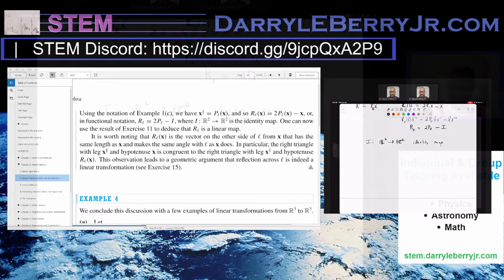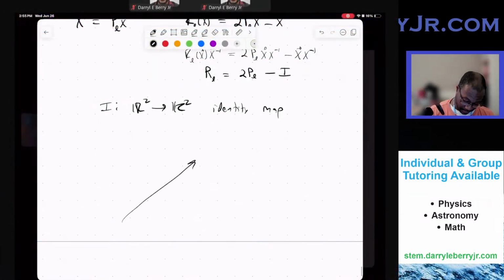So what it's saying is you have L, you have X, and this is RL of X. In particular, the right triangle with leg X parallel and hypotenuse X is congruent to the right triangle with leg X parallel.